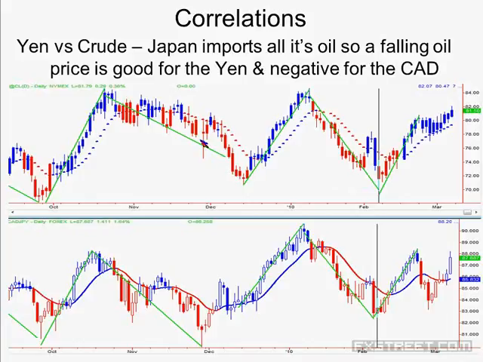Now, at the top here, we've got crude oil. And down below here, we've got a chart of the Canadian dollar against the Japanese yen. Now, the Canadians have got reserves of oil.